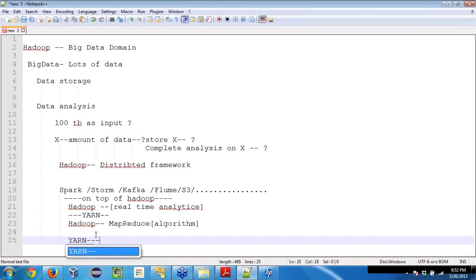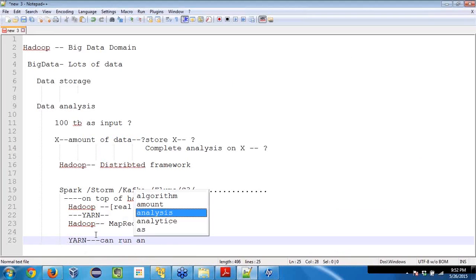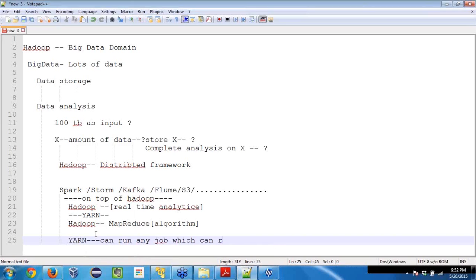That's all. It has been developed like that. That's the ultimate aim of using a framework called Hadoop, right? Whatever it is, if anything is going to run on JVM, Yarn will support it. As simple as that. Okay.